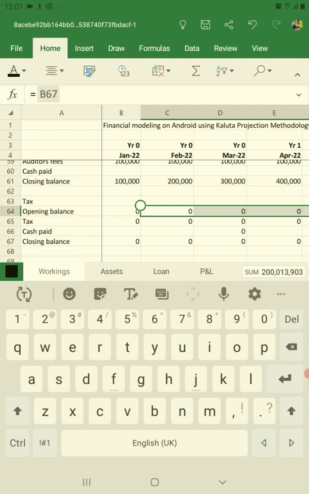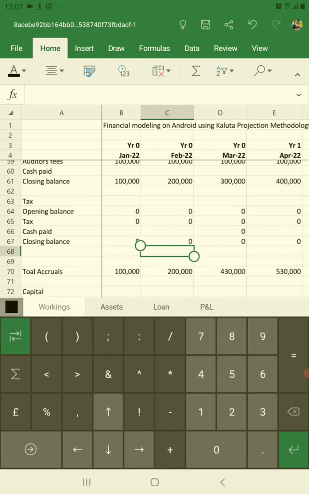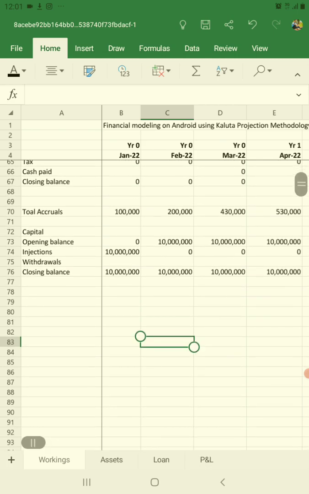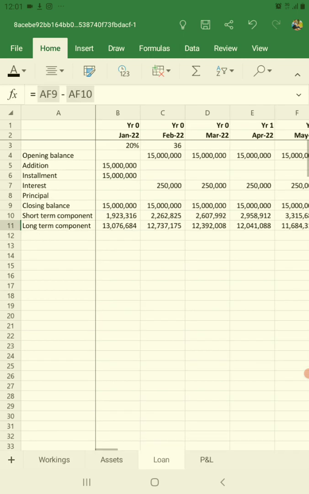So let me go to the sheet relating to cash. I'm sliding to get the sheet here.